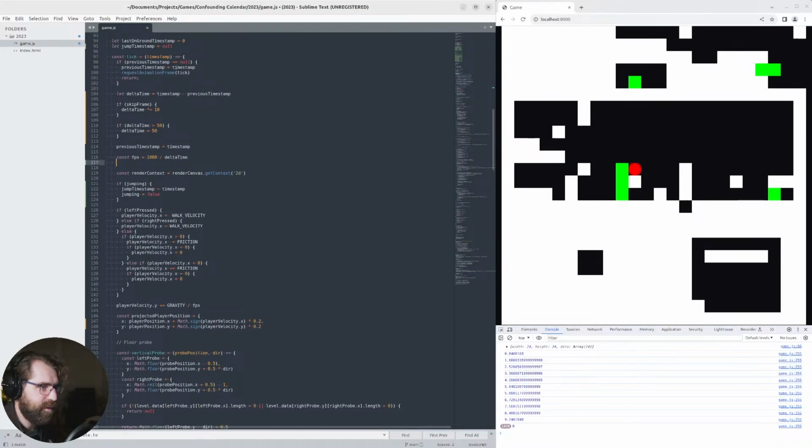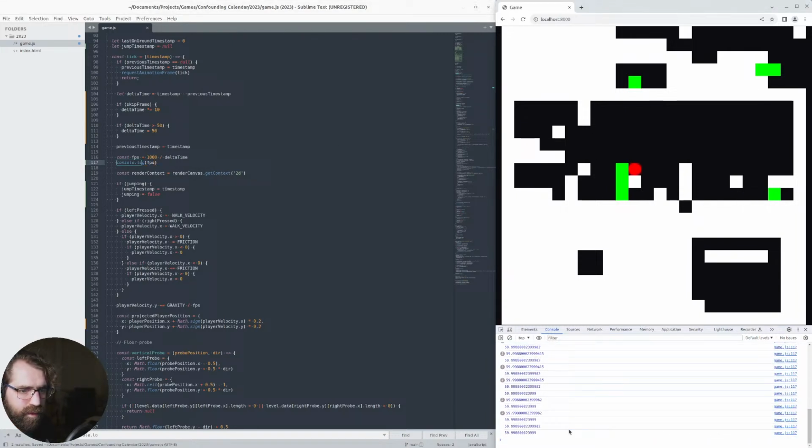Because that's based on the delta time. Okay. So it's about 60. And if I hold B, it's at 20. Yeah, okay. Wait, the game goes faster. Oh, I can go through walls. Wait. Oh, it's because I removed the frame rate dependence of stuff.